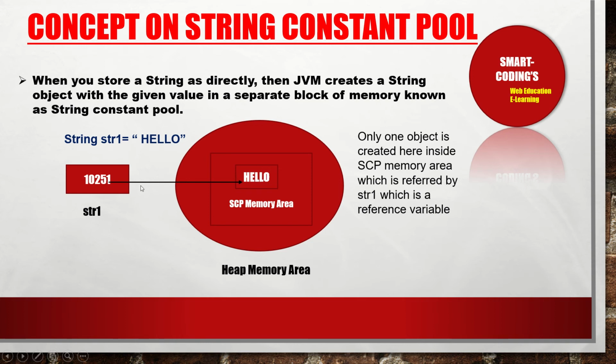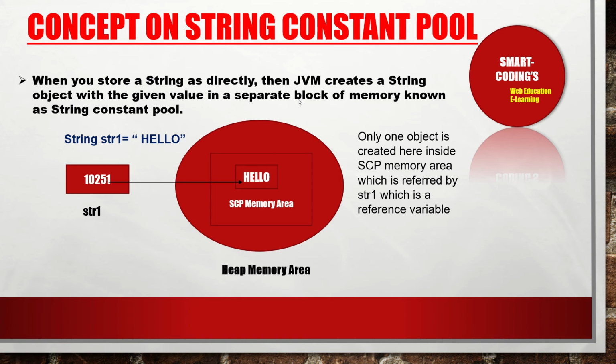Now, str1 is a reference variable which is pointing to this string object, and it has some system-generated address also. JVM allocates this random address for this str1 variable. So only one object is created here inside the SCP memory area, which is referred to by str1, a reference variable. I hope this is clear to you, students.